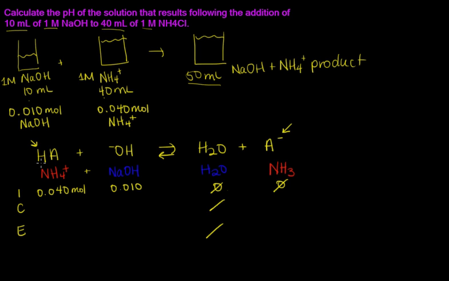So how do we know how much is changing in this reaction? Well, this is going to consume some of this proton and become water. How much of what is going to react? You look at the lowest number, and 100% of that is going to react. So this is our limiting reagent.